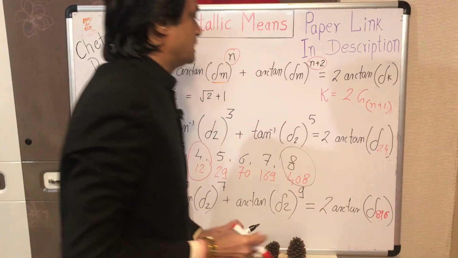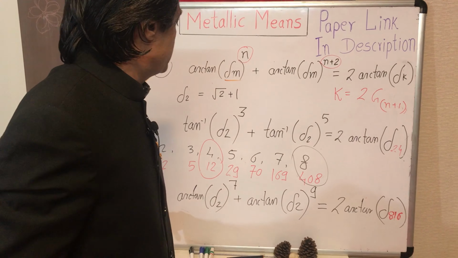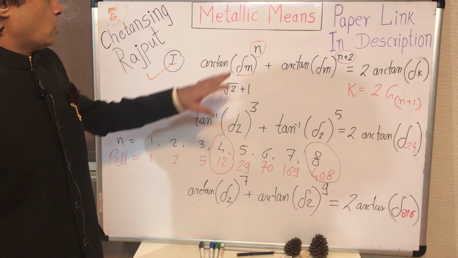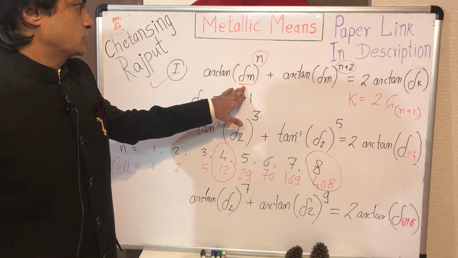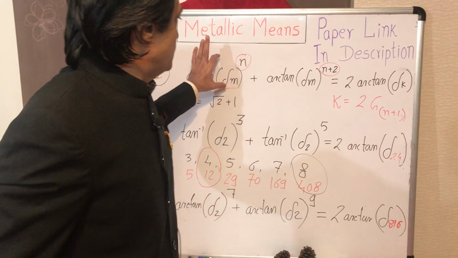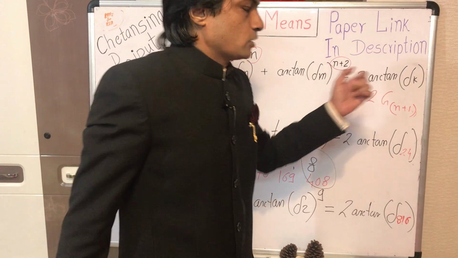The precise value of the 816th metallic ratio we will get from this formula. In this way, two different odd powers of any metallic mean can render the precise value of another.